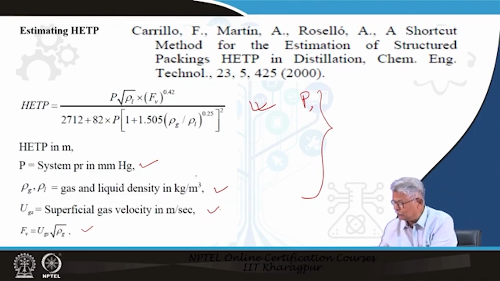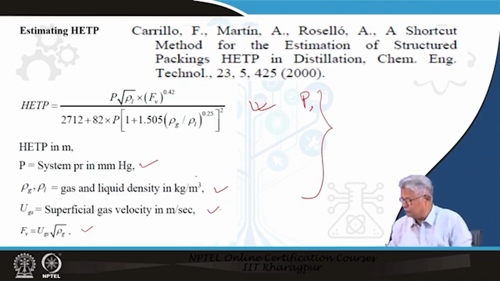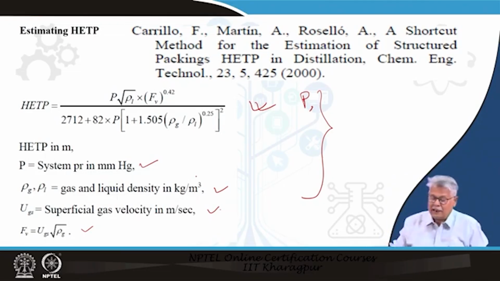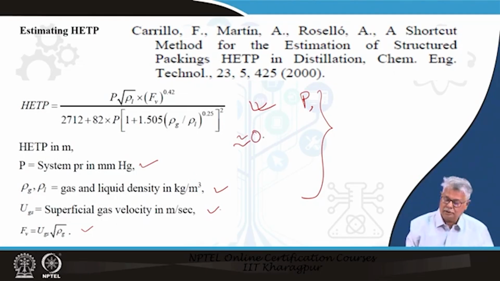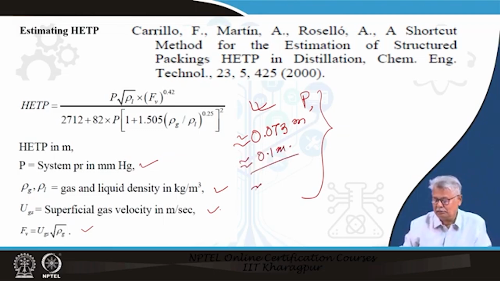I have already calculated this using this particular data here, and we get a very small value of HETP, which typically comes close to around 0.073 meters, say 0.1 meter, which makes it around 10 centimeters.